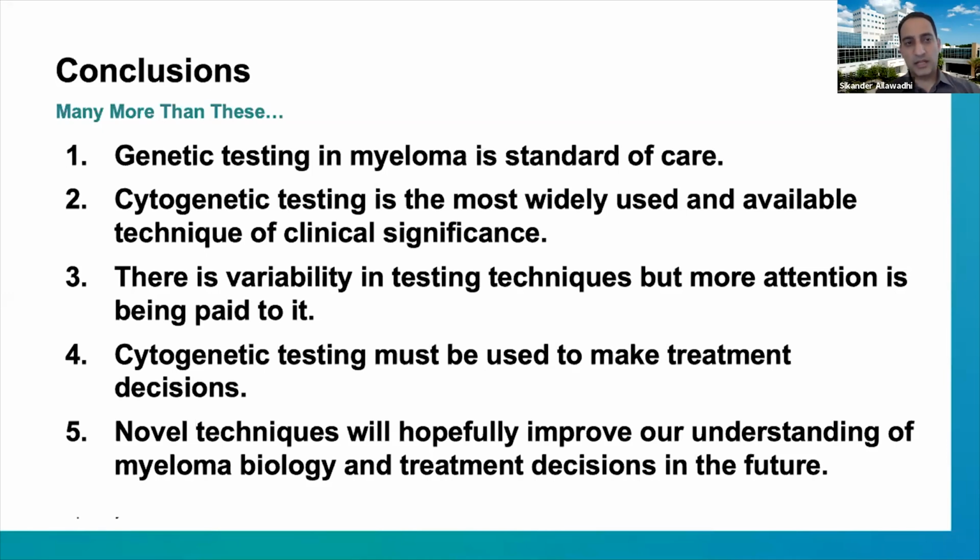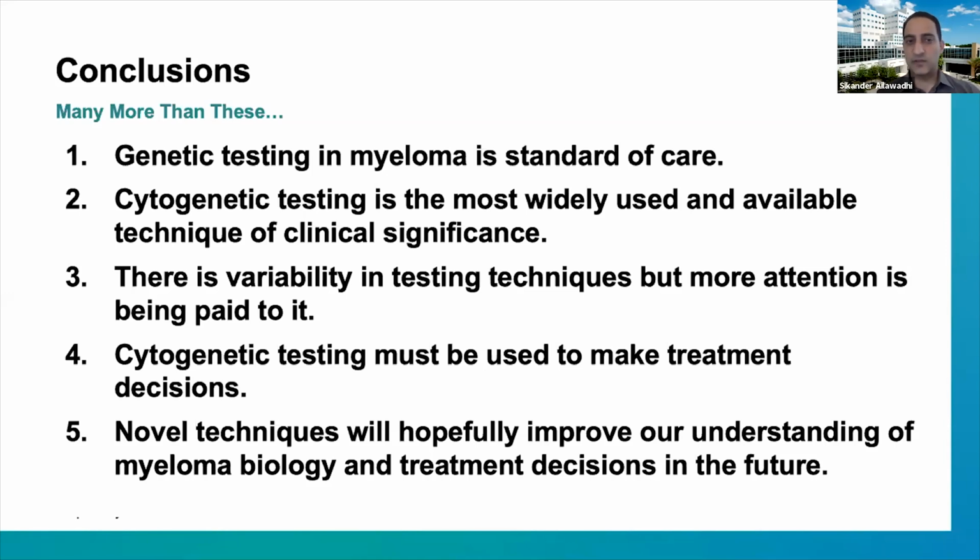So what I want to basically end by saying is that genetic testing in myeloma is considered a standard of care. Not everybody may need a myeloma genomic panel or next generation sequencing right at the outset, but at least basic simple FISH and or karyotype should be done every single time a new myeloma is diagnosed.